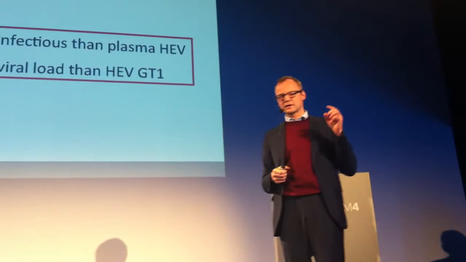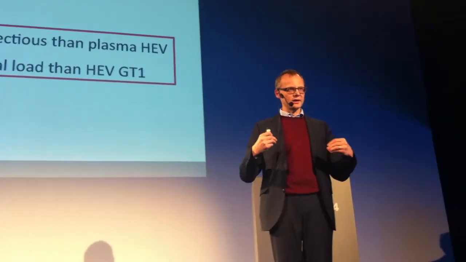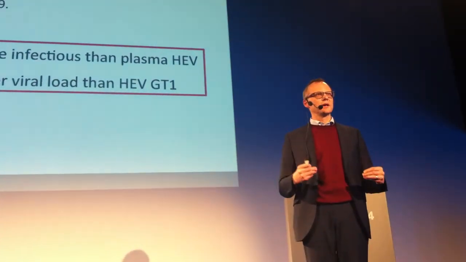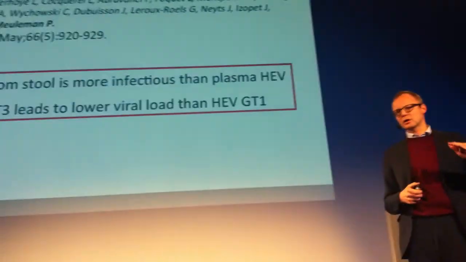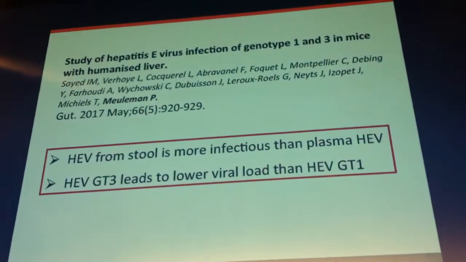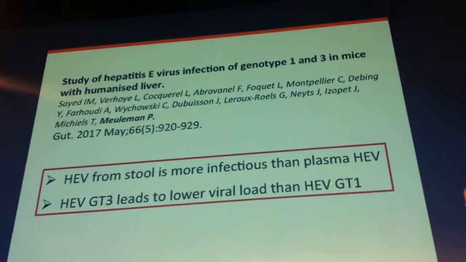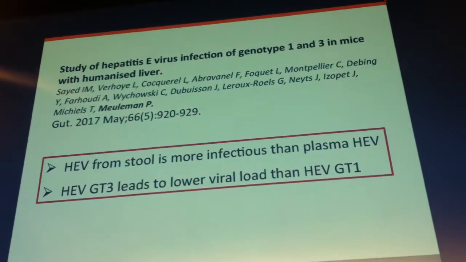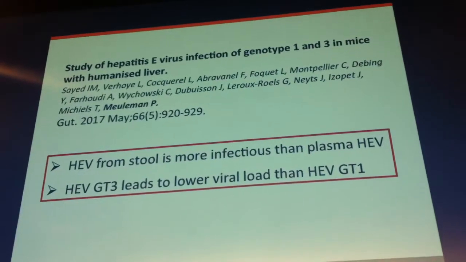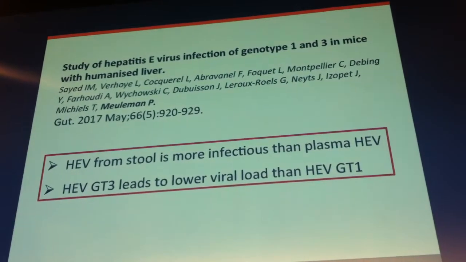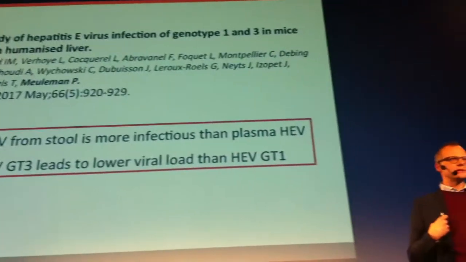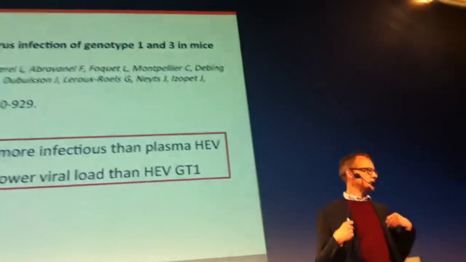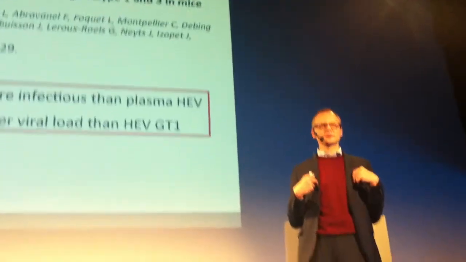And it also shows that genotype 3, which we have here in our pigs in Europe, leads to much lower viral loads than HEV genotype 1 infection. And this could be one explanation already why we do not see these fulminant hepatitis cases in pregnant women, which we all learned in med school, but I haven't seen a single pregnant woman in Hanover suffering from fulminant hepatitis.